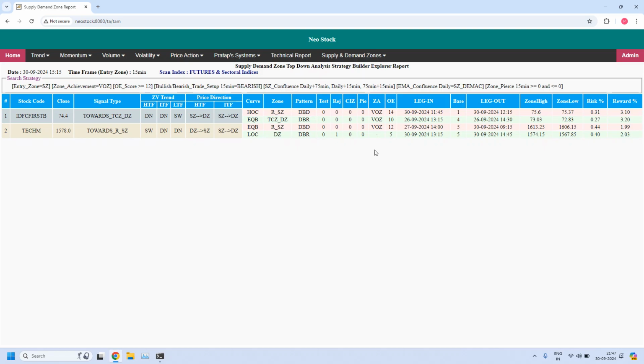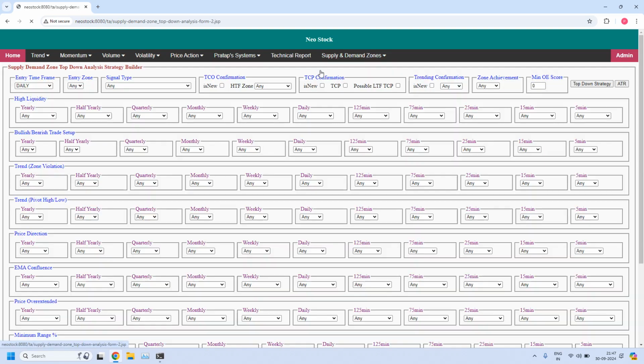Excellent. Okay, next let us look for hourly income trade bullish trade setup. In hourly income trade, entry time frame is 5 minutes, entry zone should be demand zone. In bullish or bearish trade setup, at 5 minutes time frame, I am selecting bullish. This 5 minutes demand zone should not be pierced.